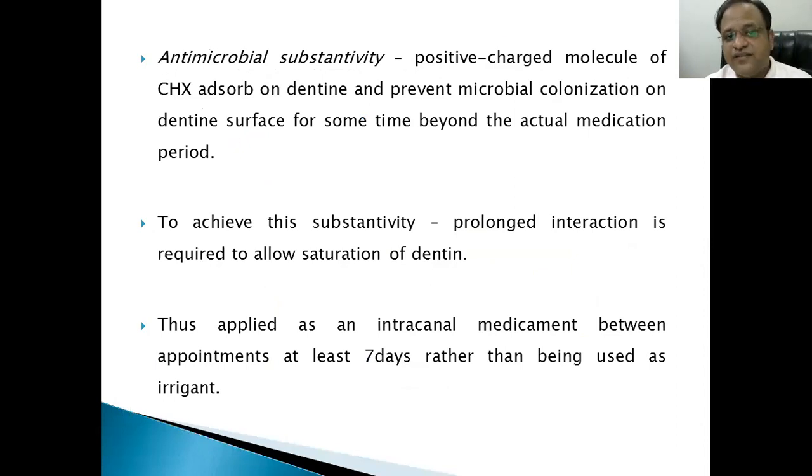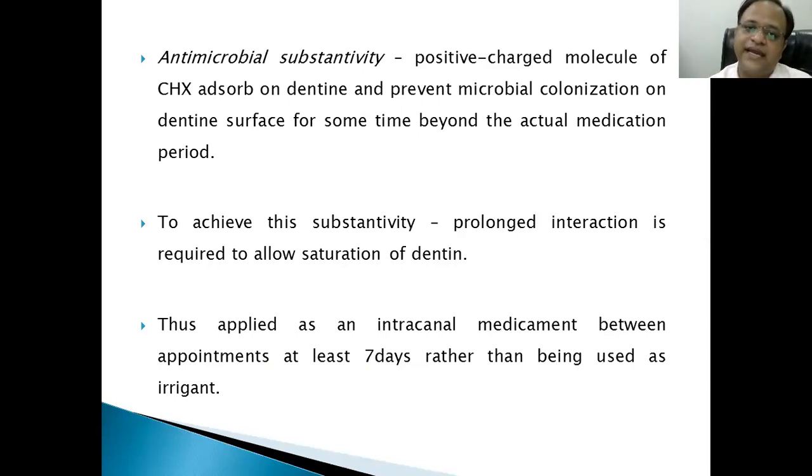One of the favorite points for chlorhexidine digluconate is its substantivity. Every examiner asks about substantivity of chlorhexidine or CHX. So how does it work? Positively charged molecules of chlorhexidine absorb on the dentine and prevent microbial colonization on the dentine surface for some time beyond the actual medication period.